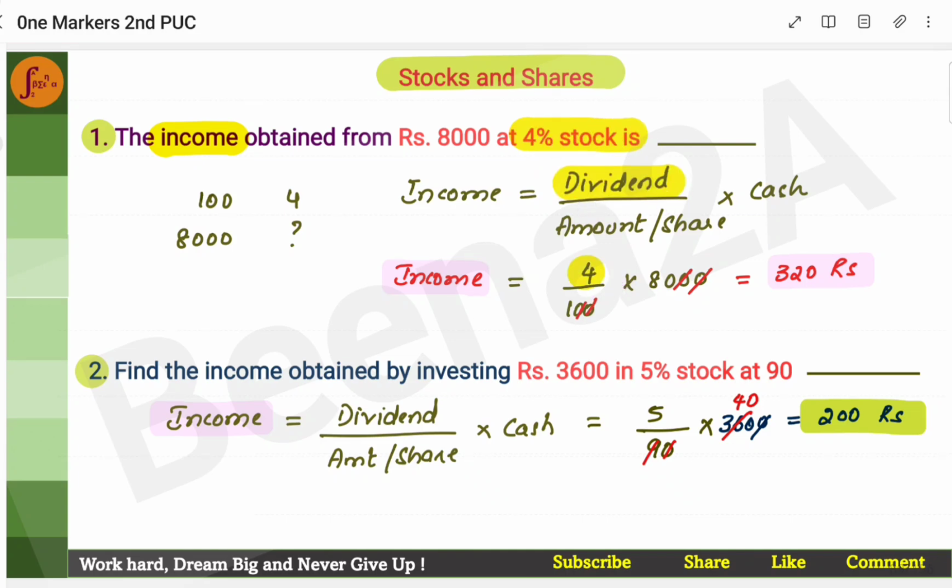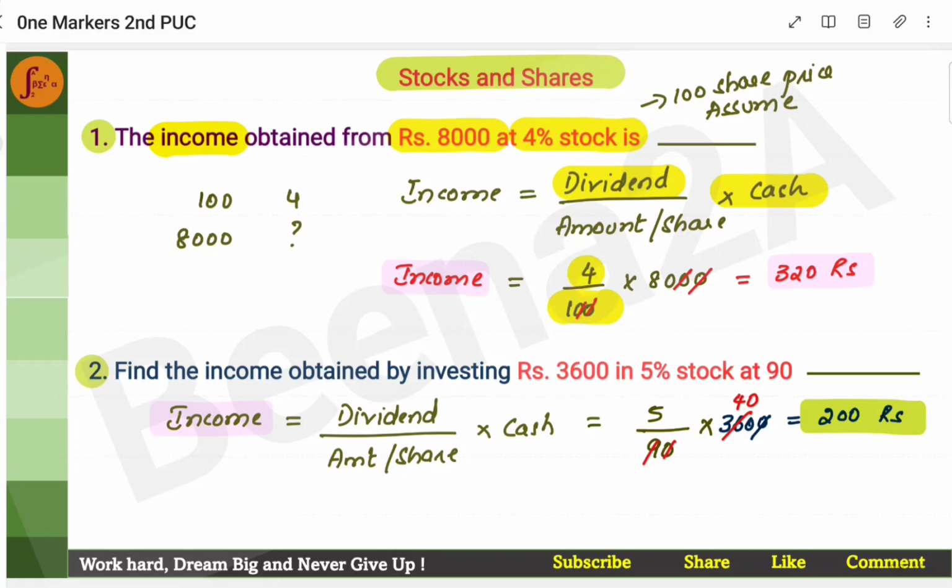They have not given the value per share, so whenever the amount per share is not given, assume 100 as the share price. So 4 by 100 into cash. What is the cash here? 8,000. Put 8,000 here and you'll get the income.